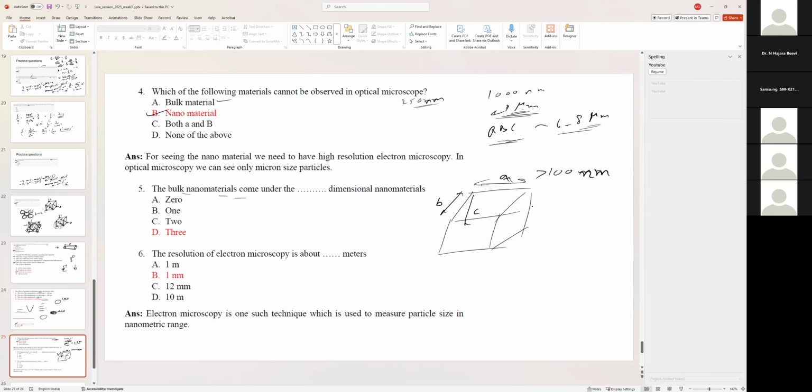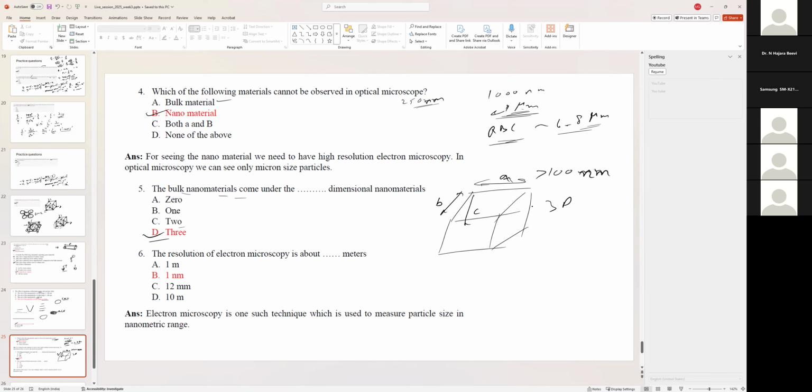So this is your bulk or 3D nanomaterial. However, they may be composed of 0D, 1D, or 2D nanomaterials. But once a bulk is formed, it's 3D.